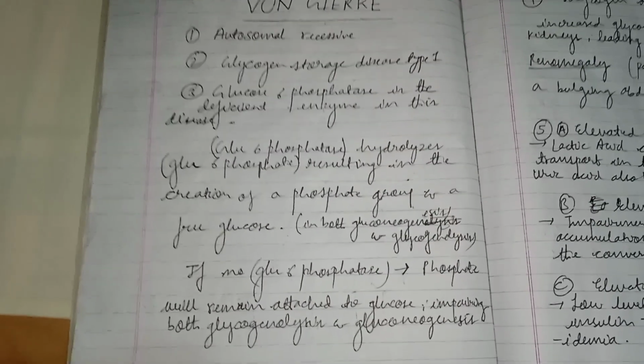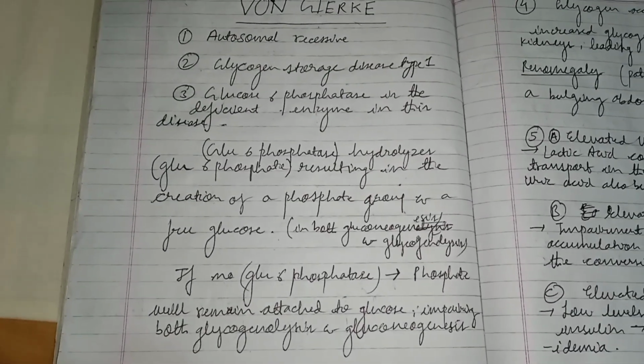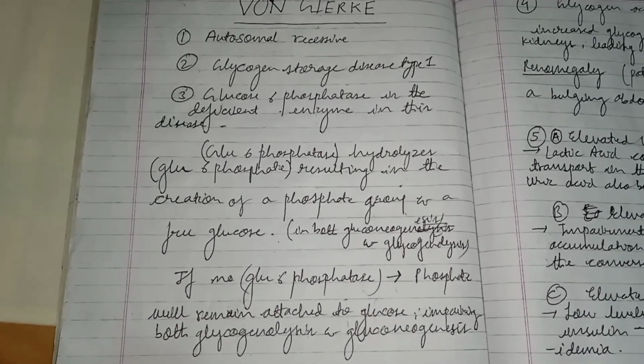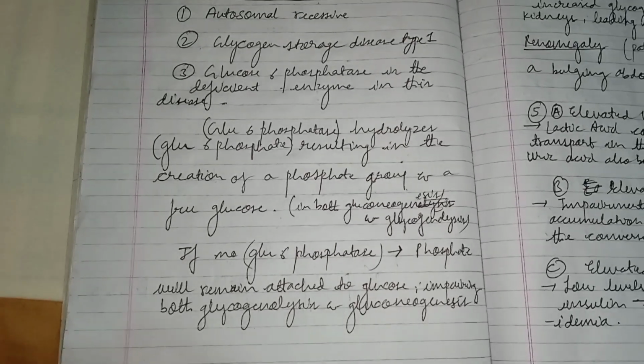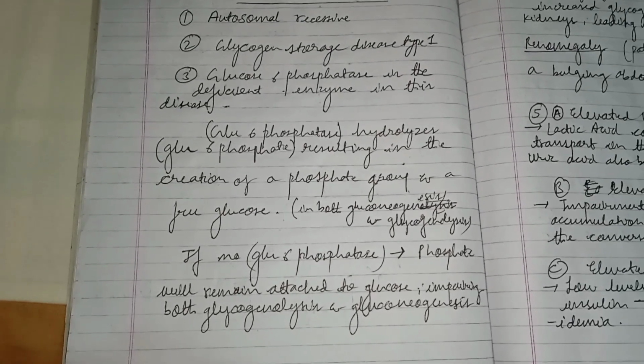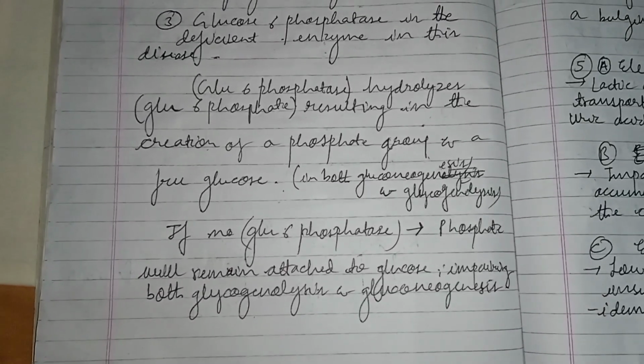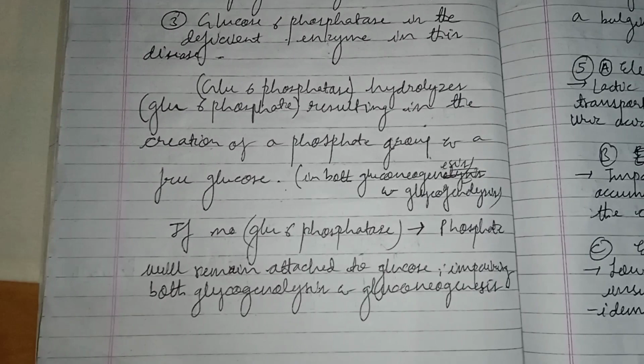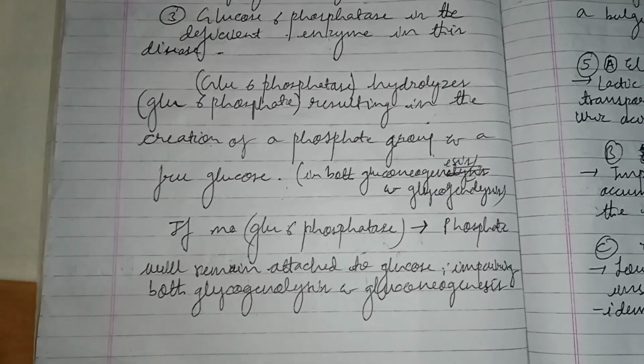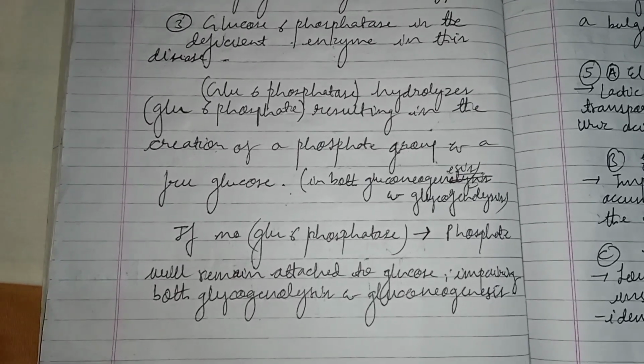I am repeating it once again, that due to lack of glucose 6 phosphatase, both gluconeogenesis and glycogenolysis are impaired, because the phosphate will remain attached to the glucose. So let's look at the other points too.